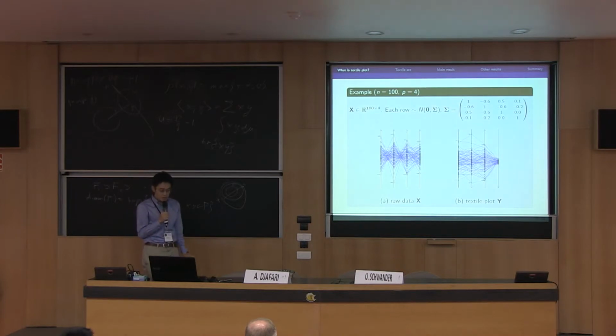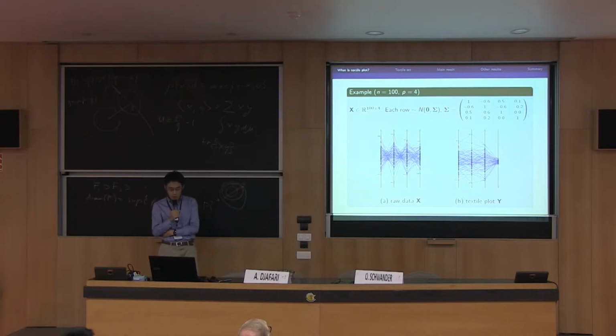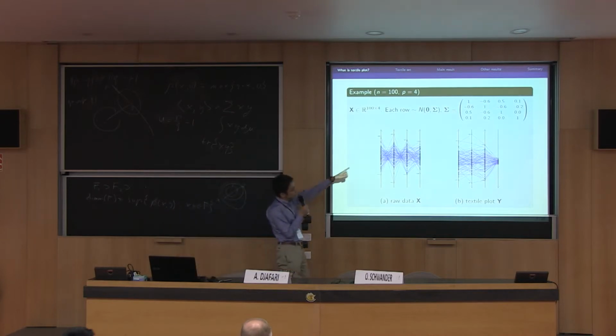Here is a simulated example. Let X be a matrix with 100 times 4 elements, and each row is distributed according to the multivariate normal distribution with this correlation matrix.